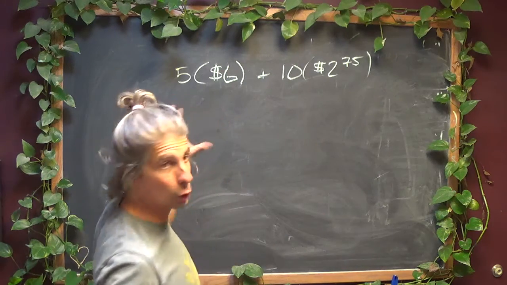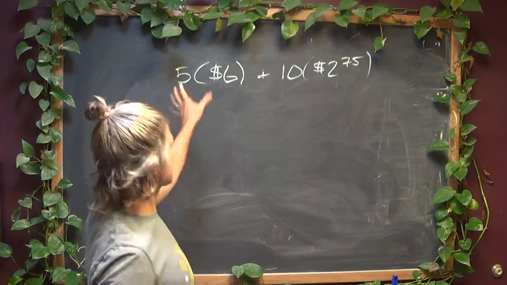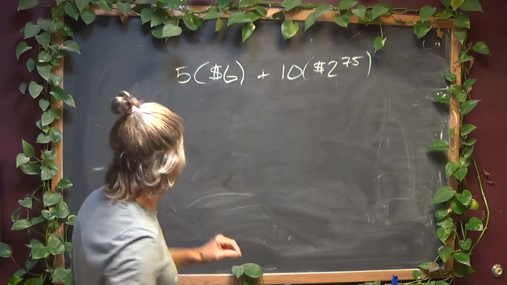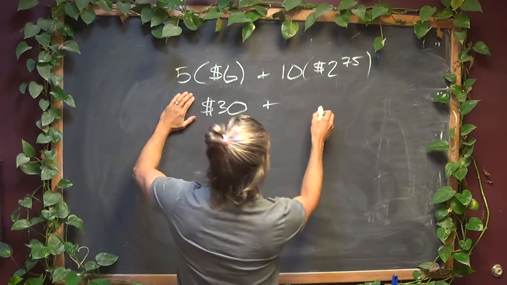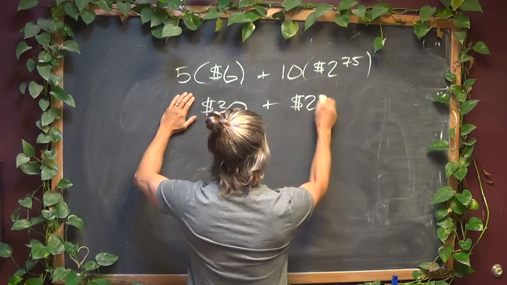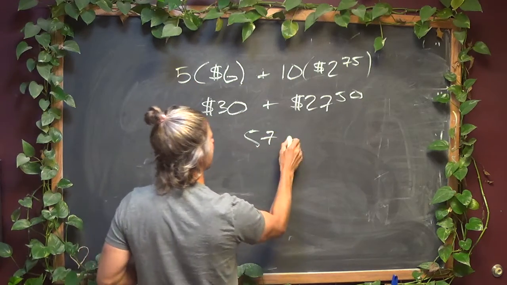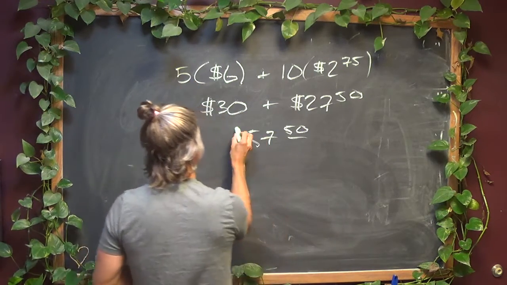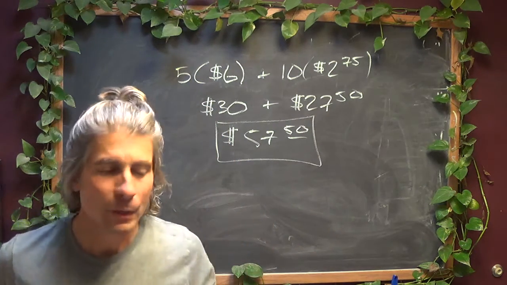Okay, so this is the total cost of those 15 flies. That's going to be 30 bucks here, and this one's going to be $27.50. So altogether, that's $57.50.